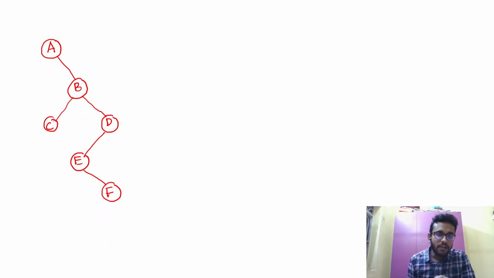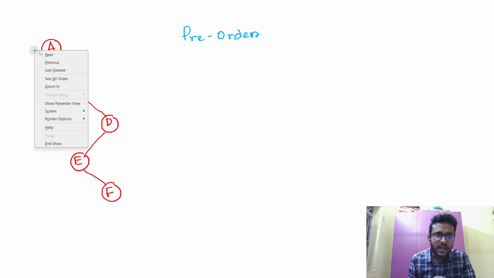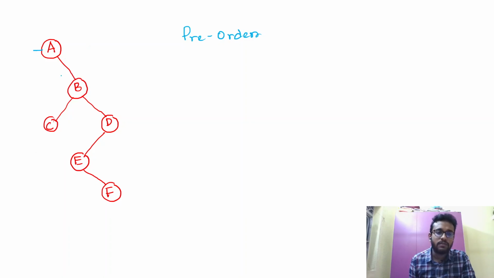If you want to find the pre-order, what you have to do is draw a line on the left hand side of every bubble. That is the first step.